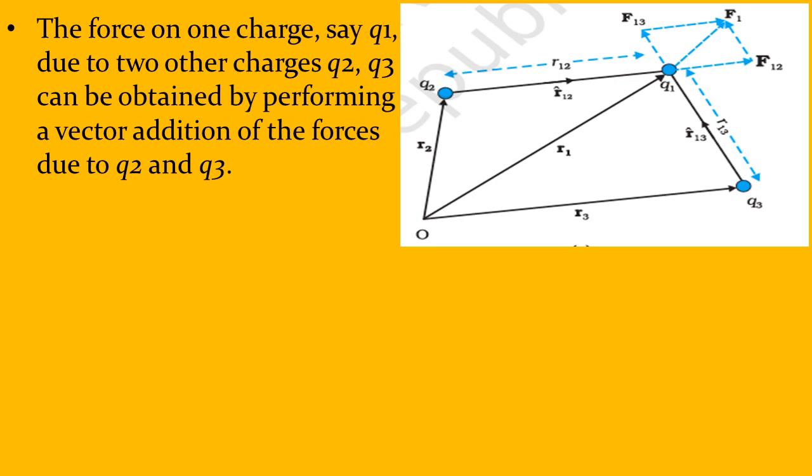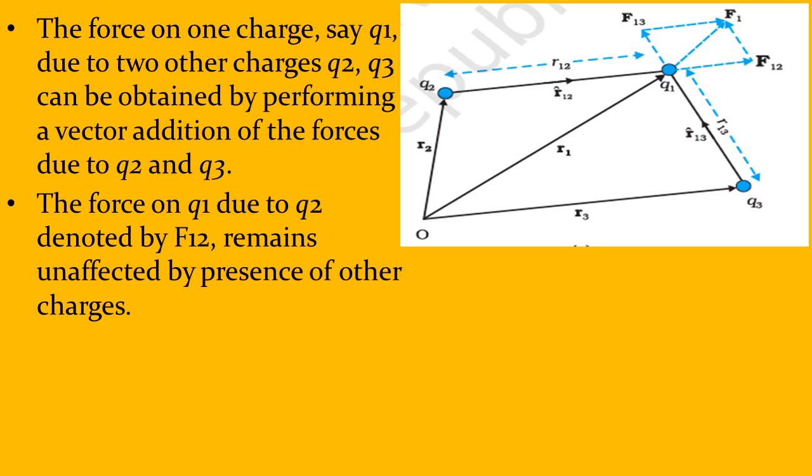The force on one charge, let us say on q1, due to charges q2 and q3 can be obtained by performing a vector addition of the forces due to q2 and q3.